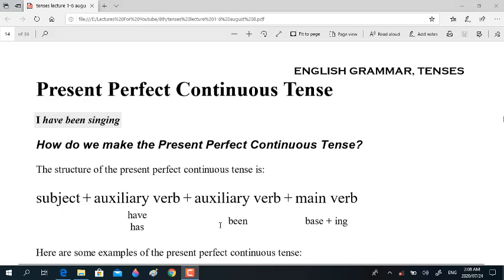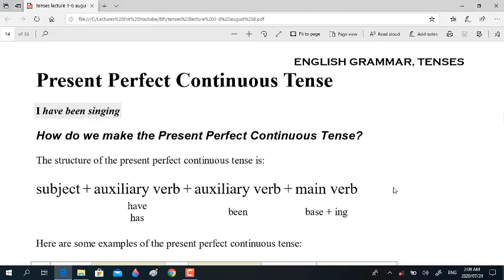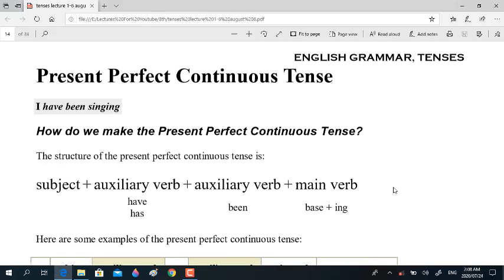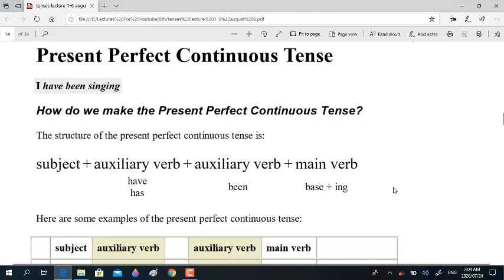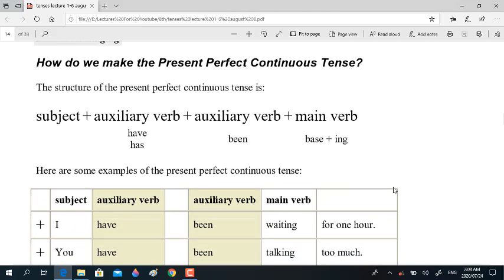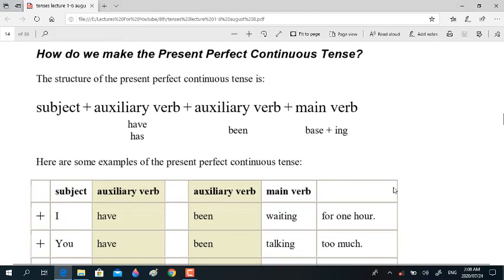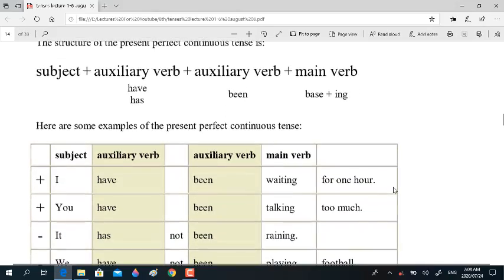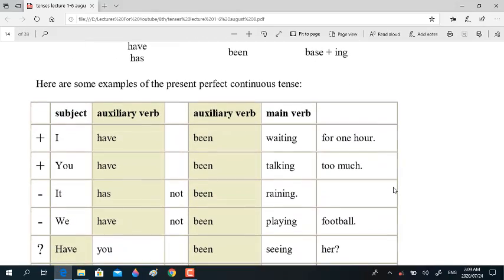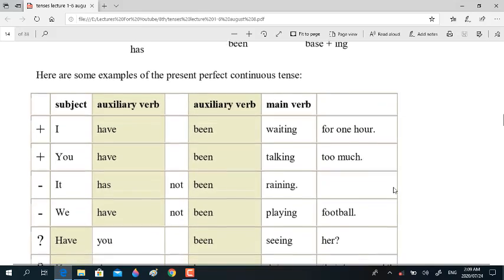So you have to go for double auxiliary plus base form of verb plus ing. Right, this is the structure: subject, auxiliary verb plus another auxiliary, that is been, and main verb, that is base plus ing.